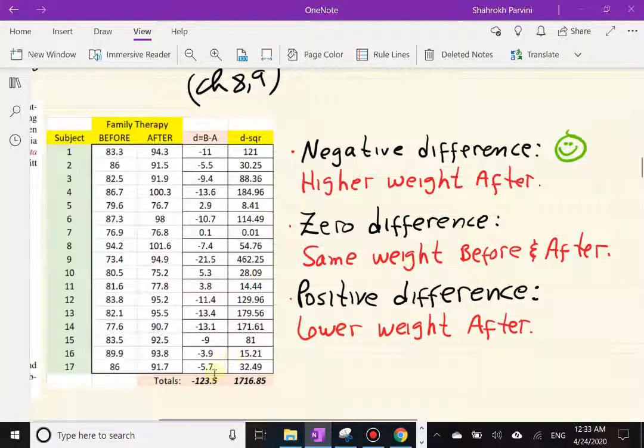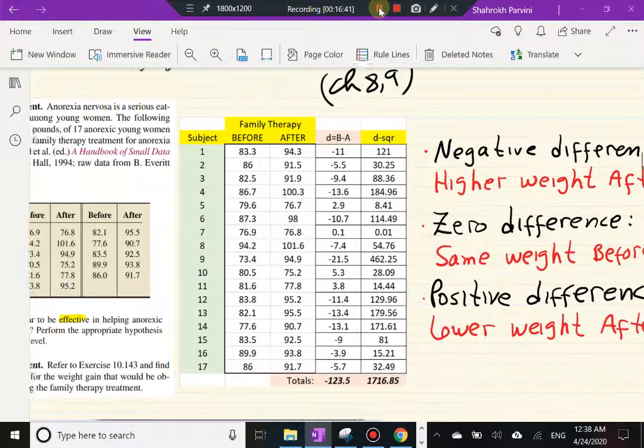So for example, if you look at this individual, 3.8 difference. Before family therapy was 81.6. After family therapy, actually this person lost weight. So his or her family definitely did not help this individual much. In fact, they somehow hurt the weight of that person. Okay, so just wanted to point that out.